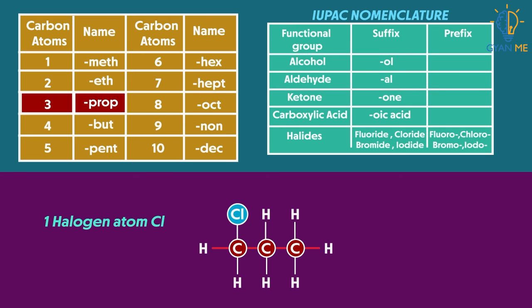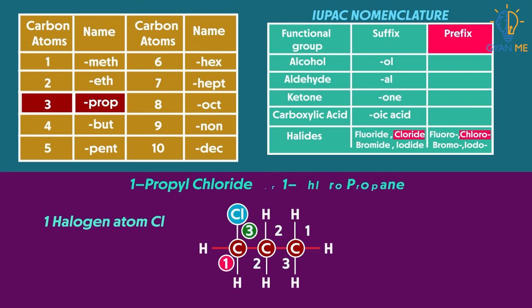If we start from the right, it is present on the first carbon, and from the left, it is present on the fourth carbon. So what do we select? Yes, the lowest one, and that's 1. In addition, we will write the corresponding prefix chloro as per the haloalkane system, or add the suffix chloride as per the alkyl halide system. Thus, the name of this compound will be 1-propyl chloride or 1-chloropropane.